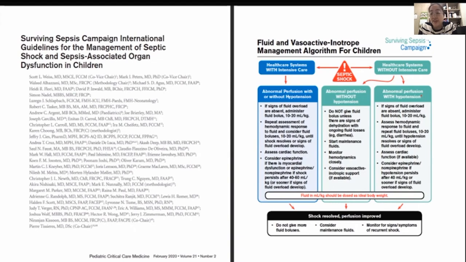If there are features of abnormal perfusion with hypotension, they said cautiously give fluid and not more than 40 mils per kilo. So I think that this recent iteration of the Surviving Sepsis guidelines is really shaped by what FEAST has shown and the concerns about fluid overload over time in resource-limited settings.